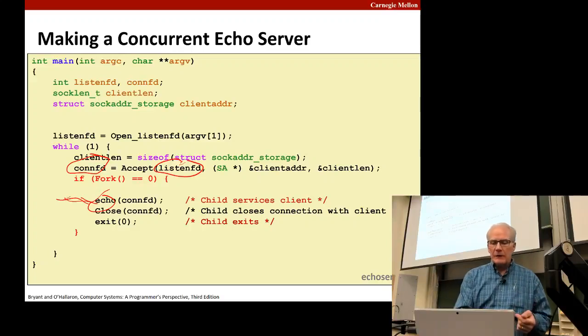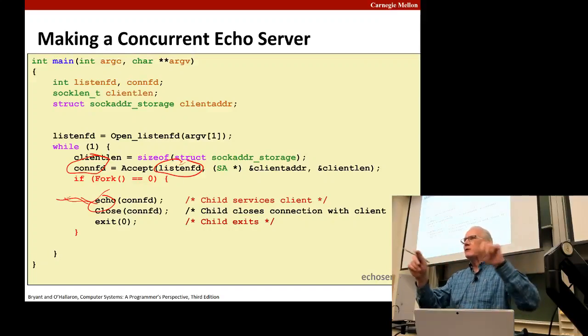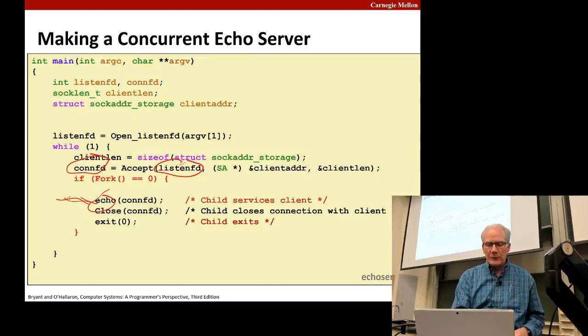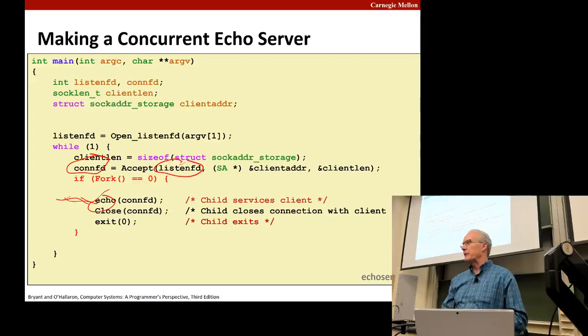And when accept returns, it generates a new file descriptor that is the specific connection that's been created for this particular client. And by having those different, we're able to do this trick of now I can just run accept on that same listen file descriptor and generate a new connection file descriptor every time I return from accept.